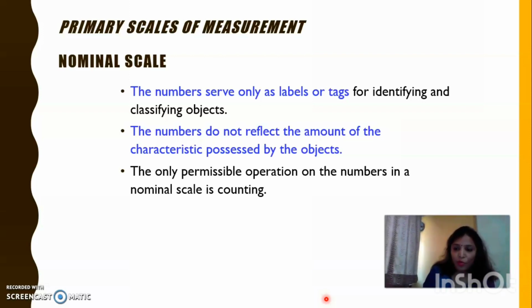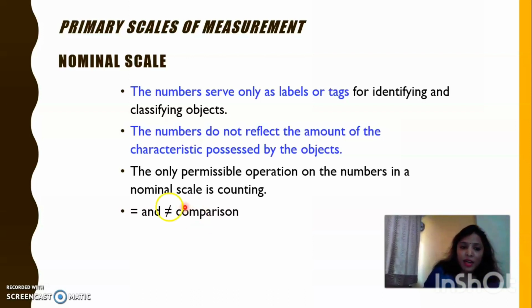I am counting because I'll get the name list of the participants and I'll count ultimately how many participants participated in that particular race. In case of apples, I may count the number of red apples and the number of green apples. This particular scale allows only equal to and not equal to comparison, which means that a red apple is not equal to a green apple. Right?